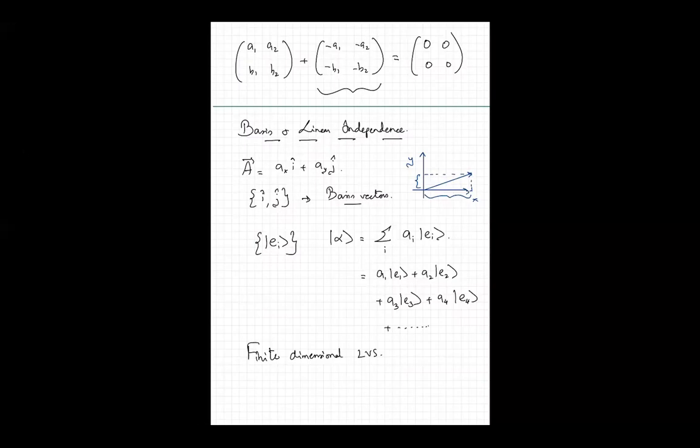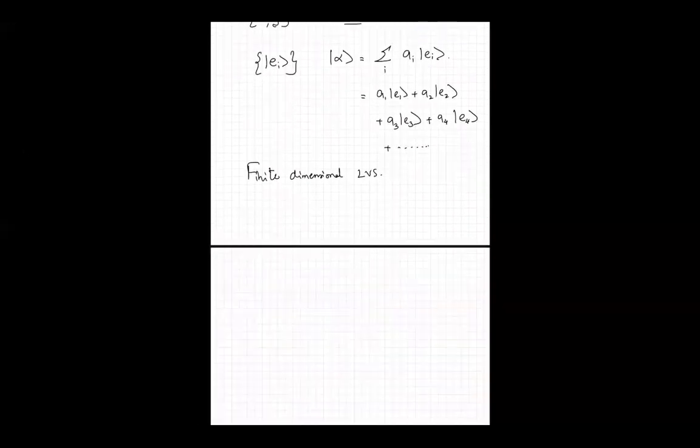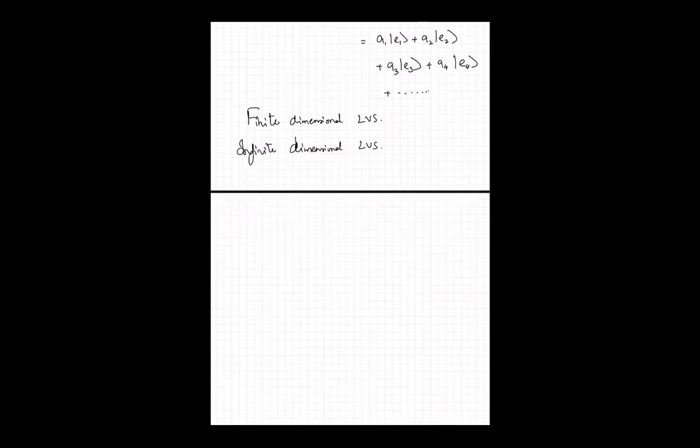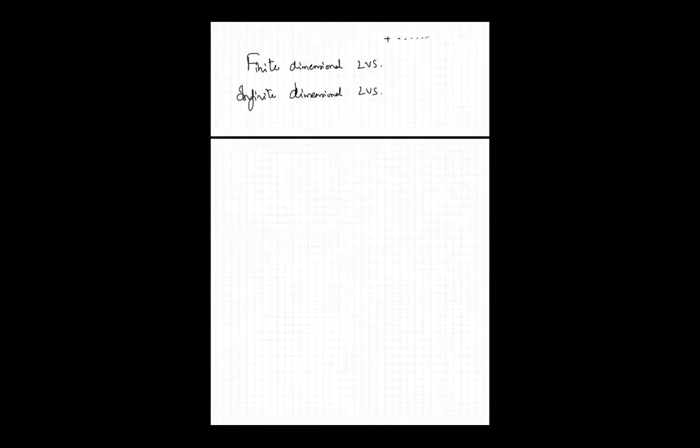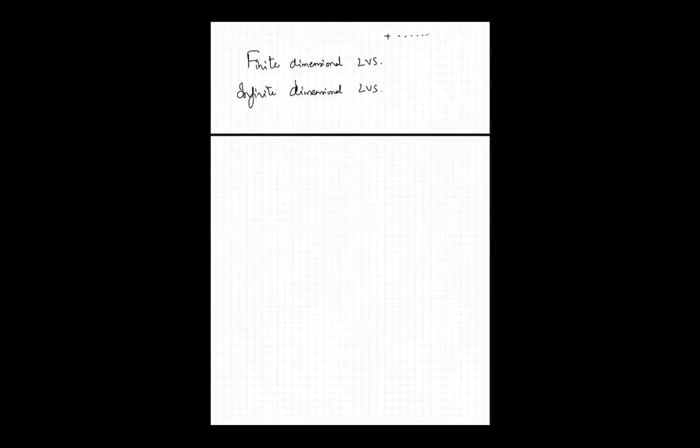If we have an infinite number of basis vectors, then we live in an infinite dimensional linear vector space. The quantum mechanical linear vector space called the Hilbert space is an infinite dimensional linear vector space, as we will talk about as we go along. Now, the first thing that you have to understand, and this is the last thing I will talk about today, is that there is nothing sacred about basis vectors.